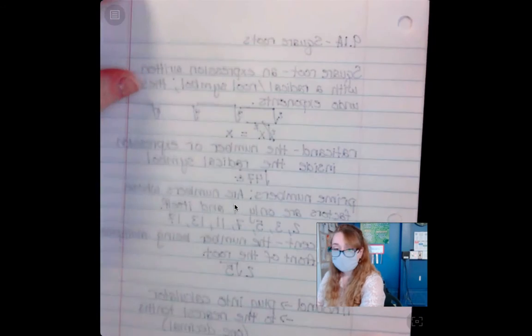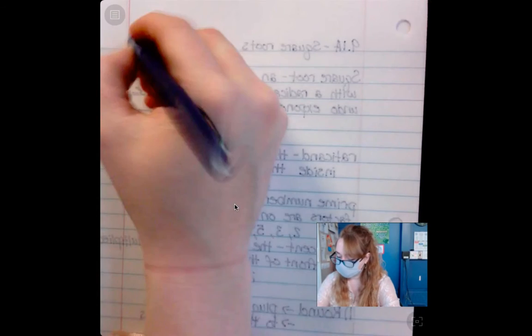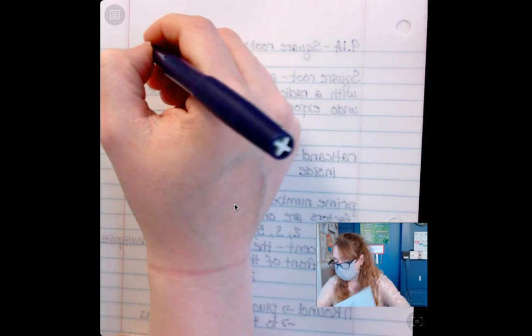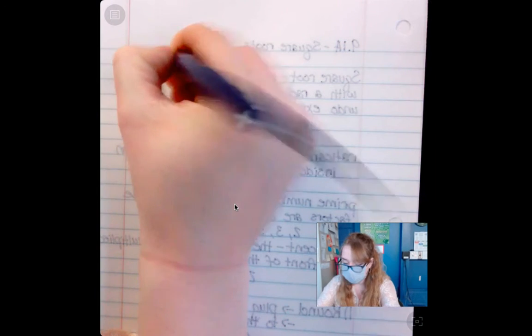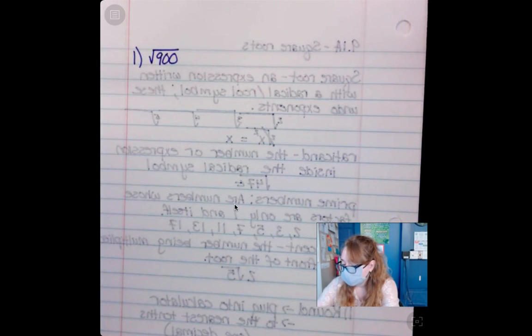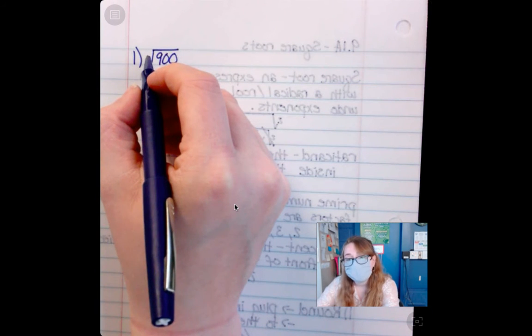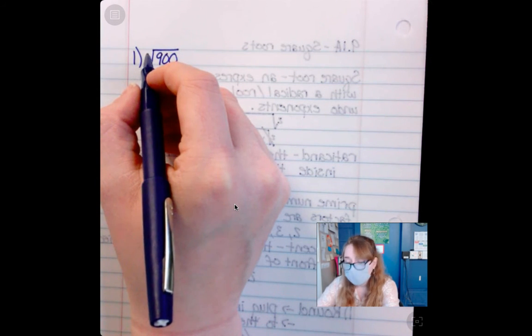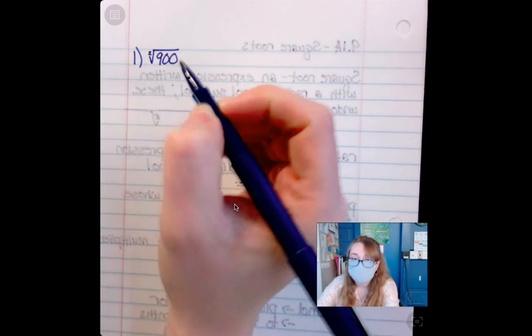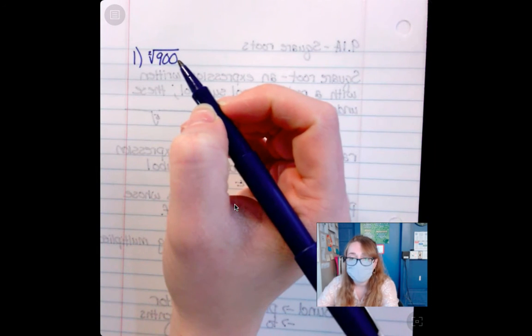Okay, so let's go ahead and do a couple examples here. The first one is the square root of 900. Okay, so since there is no tiny little number out here, we can imply that it is a 2. Okay, so we're going to be looking for pairs, and that's going to make sense in just a second here.